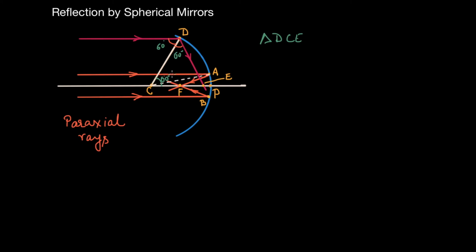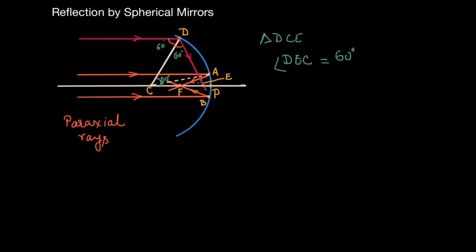Angle D and angle C are 60 degrees. So angle DEC has got to be 60 degrees as well. That's because the total of the three angles of any triangle is 180. So if two angles are 60 degrees each, the third angle has got to be 60 degrees as well.